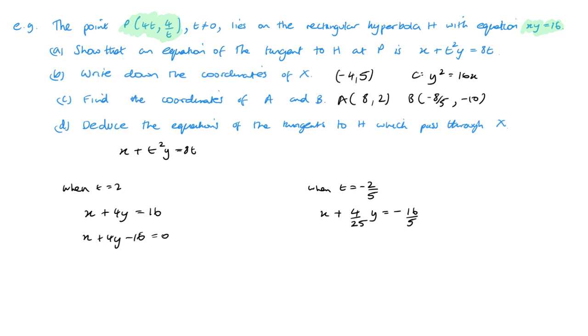So multiplying by 25, we get 25x plus 4y equals minus, now 16 multiplied by 5 is 80. So 25x plus 4y plus 80 equals 0. And that is the end of the question.